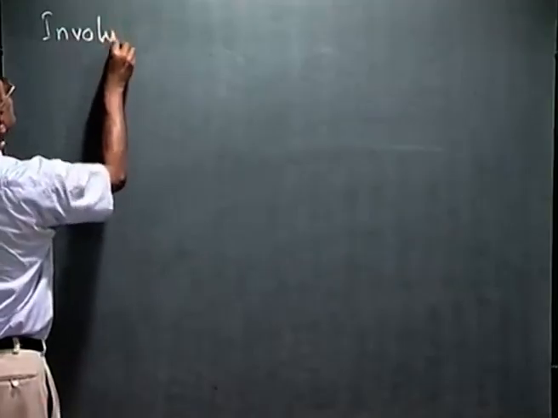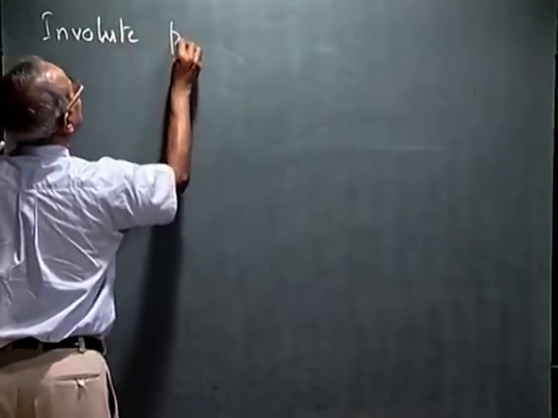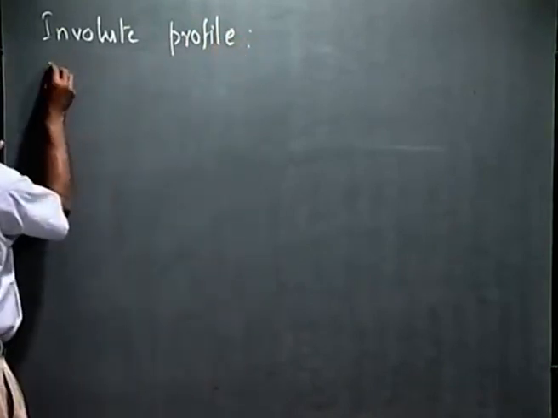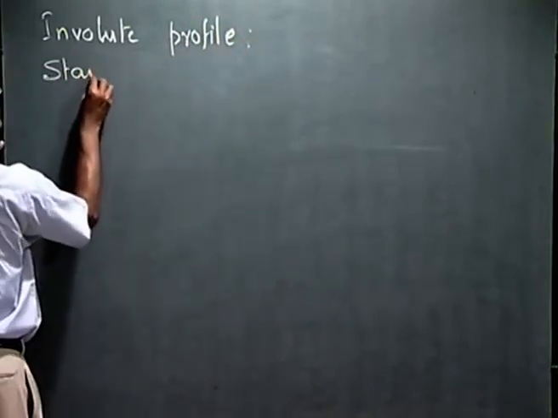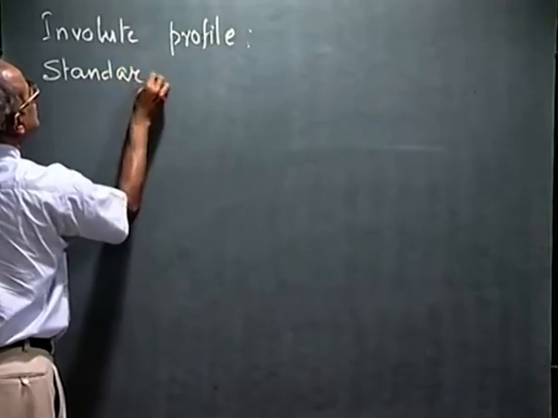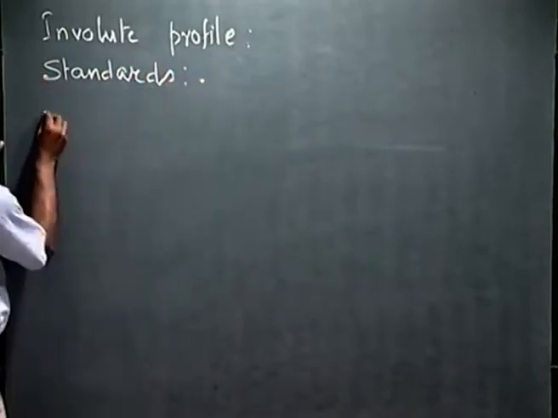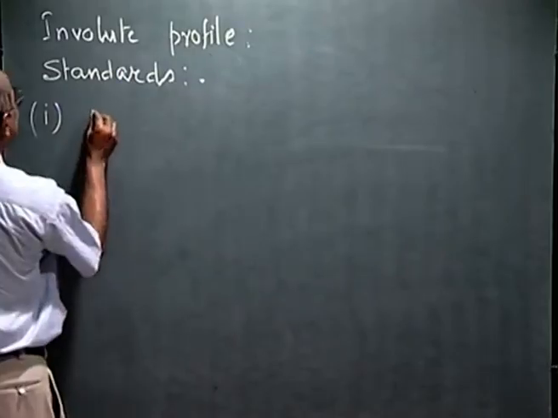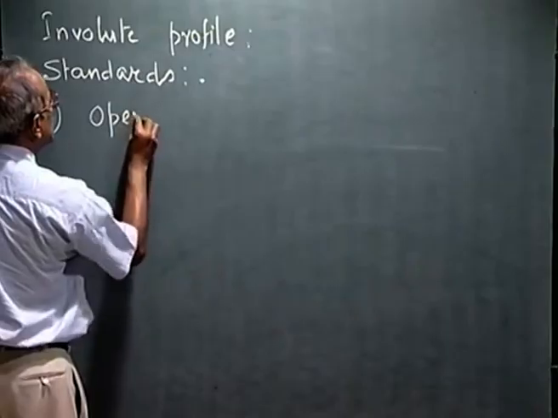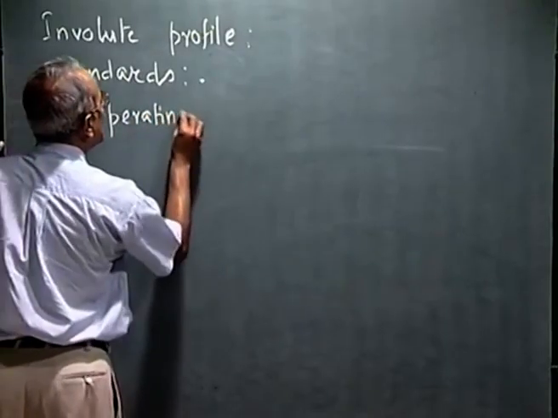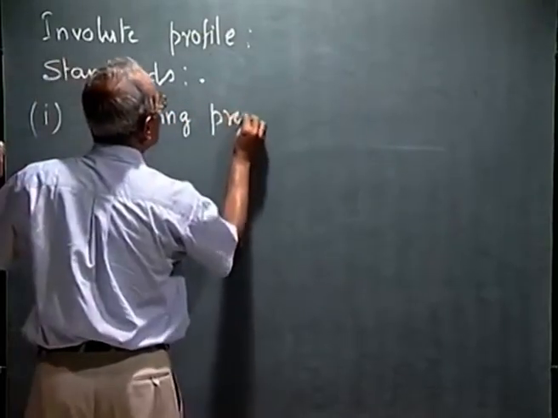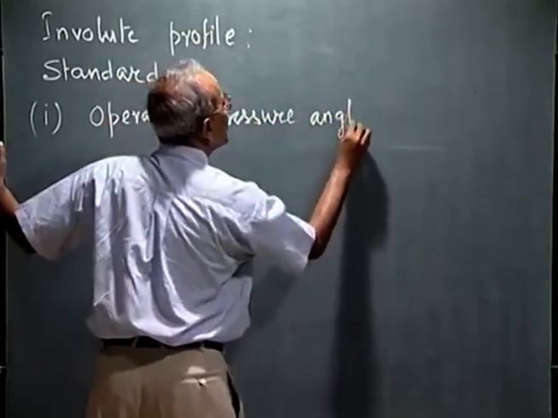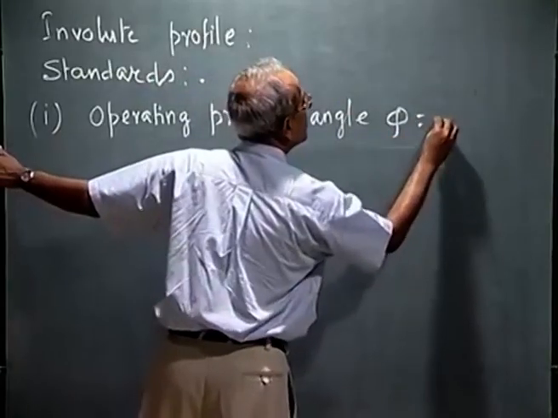So, for the involute tooth profile, some standard dimensions are: the most common value of the operating pressure angle phi is 20 degrees.